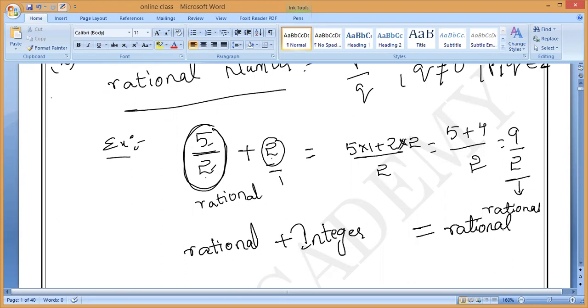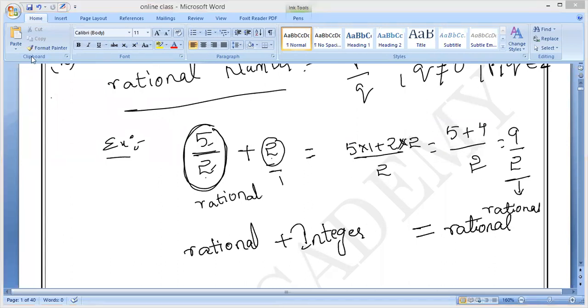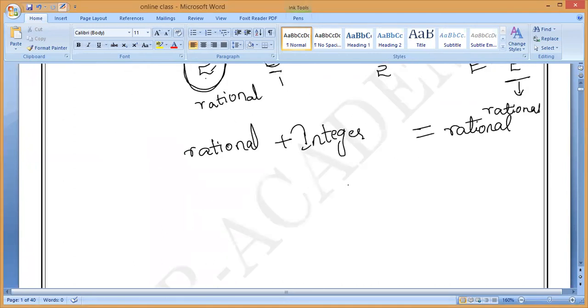Any doubt? Please respond. If you add any integer to a rational number, again what do we get? You have to communicate correctly: rational number. If you want, you can check one more example.